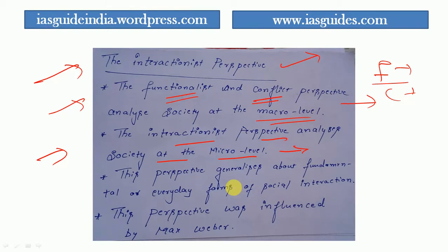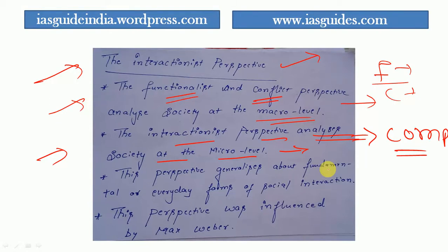I'll repeat the point again. The interaction perspective analyzes society at the micro level, and contemporary sociologists are more interested in understanding the interaction taking place between two close friends sitting in a garden and talking, for example.